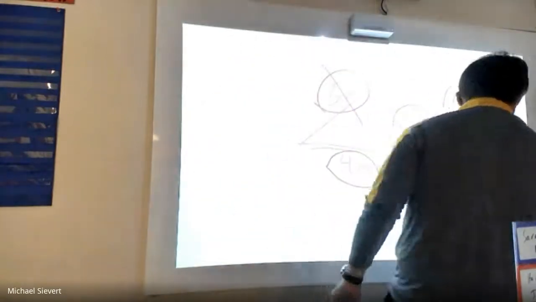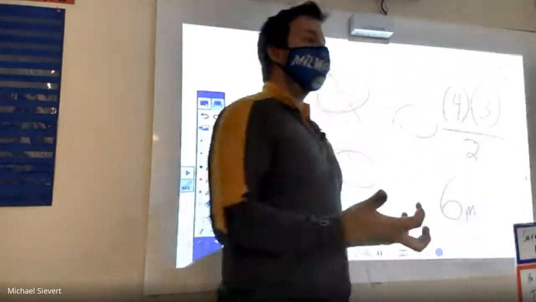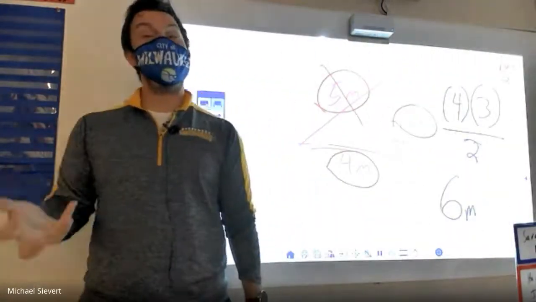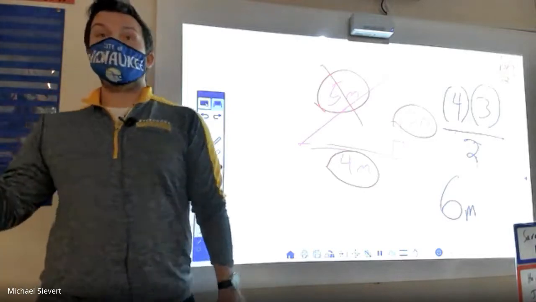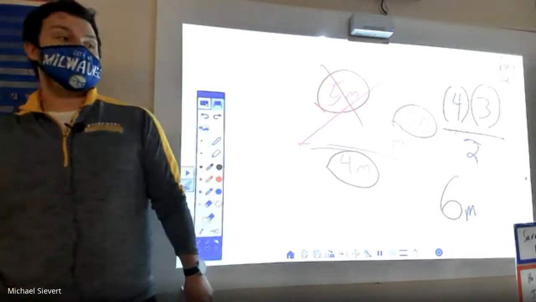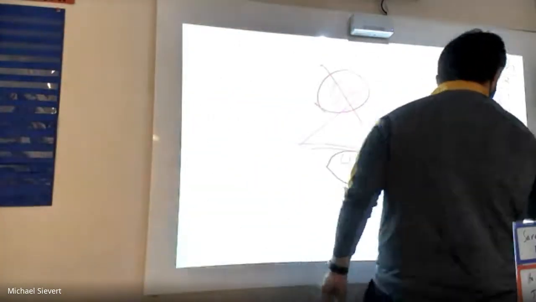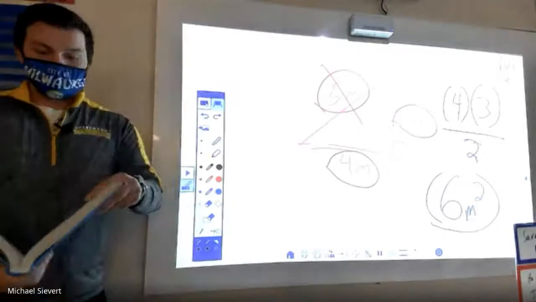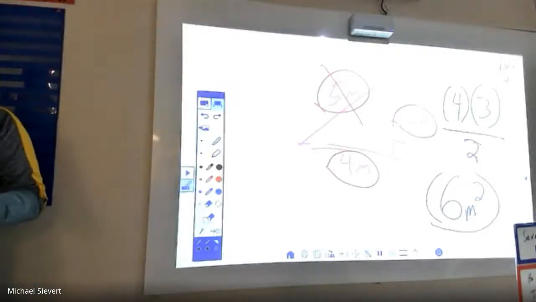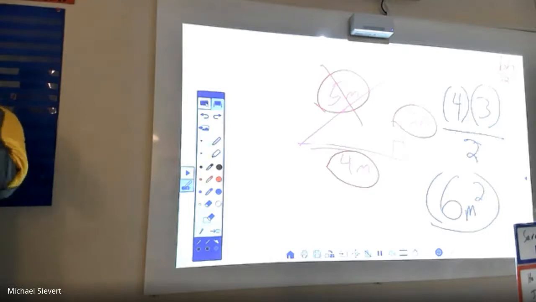Okay, meters. Meters what though? Because we're dealing with area. If you don't have this, it will be wrong. There's a big difference between 6 meters and 6 meters blank. Mari? Square. Okay, any questions?